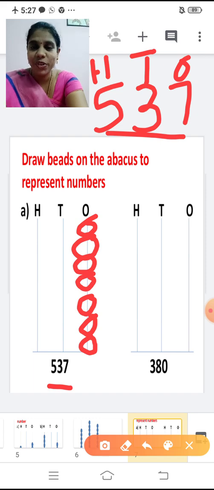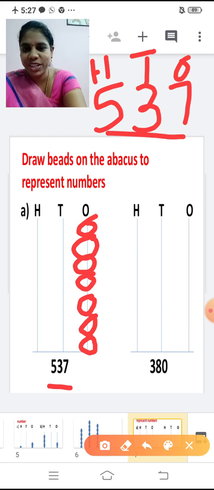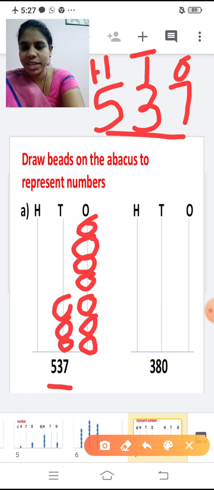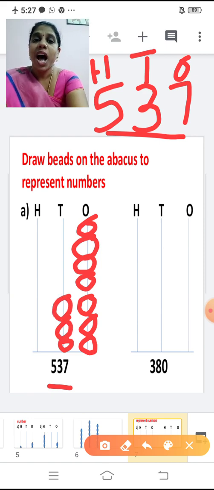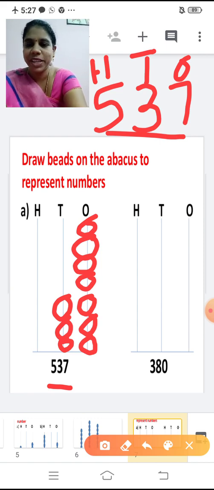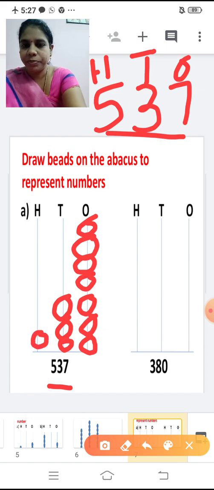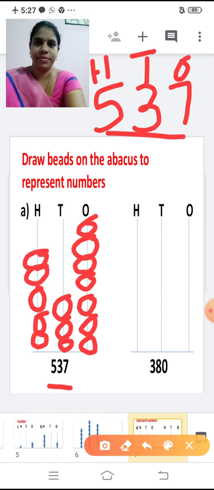So how many beads do you have to draw? 1, 2, 3. Very good. Then what number is there in the hundreds place? 5. Shall we draw 5 beads in the hundreds place now? Yes. 1, 2, 3, 4, 5.